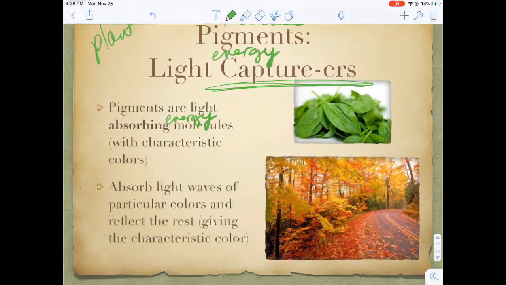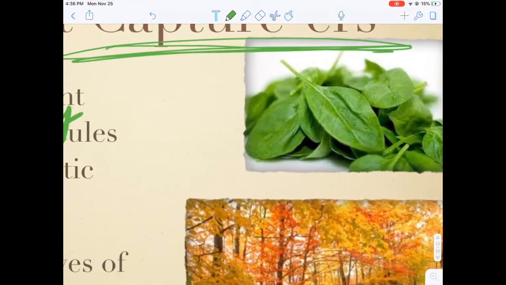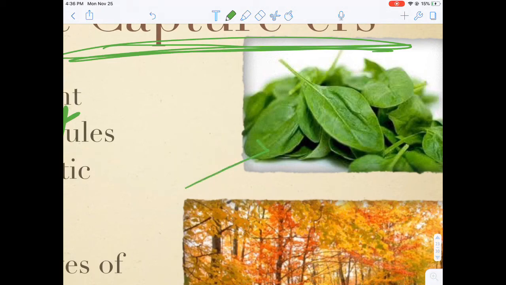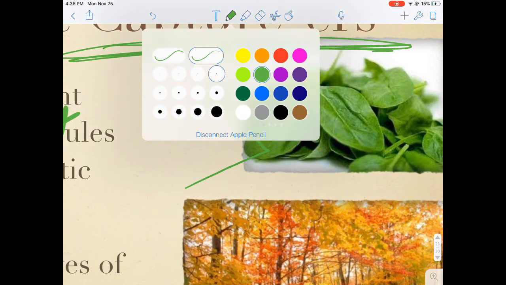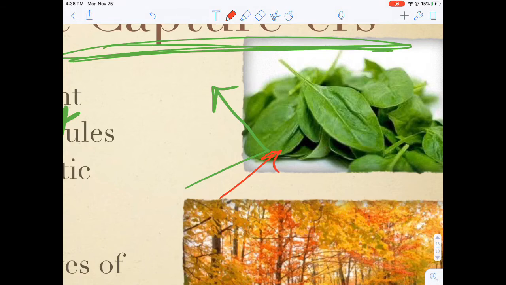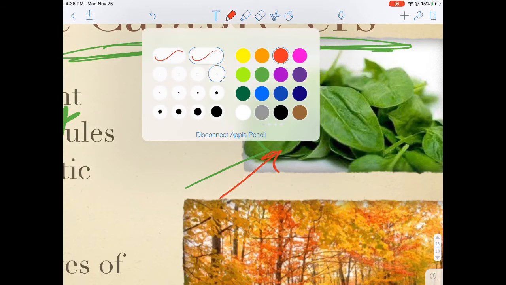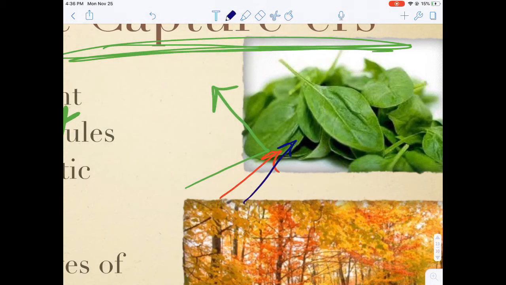Green plants have a specific pigment that makes them look green. Keep in mind, if we're talking about what we're seeing, it means that green is what's being reflected. So it means that the red is being absorbed. It means that the blue is being absorbed. All of the other colors of the rainbow that are not green are being absorbed.